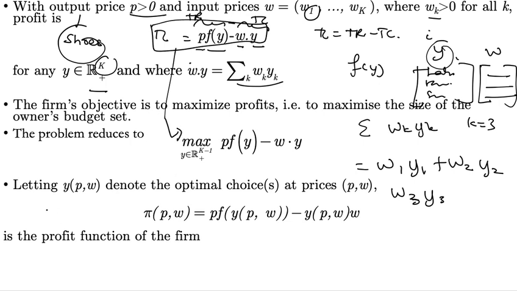Now if you look here, I told you earlier that y is actually an input vector. Okay, y is actually an input vector that consists of a number of inputs. If we have 3 inputs, land, labor, raw materials, then the y vector here consists of, let's say, in the form of a matrix, number 1, number 2, number 3. That's it.